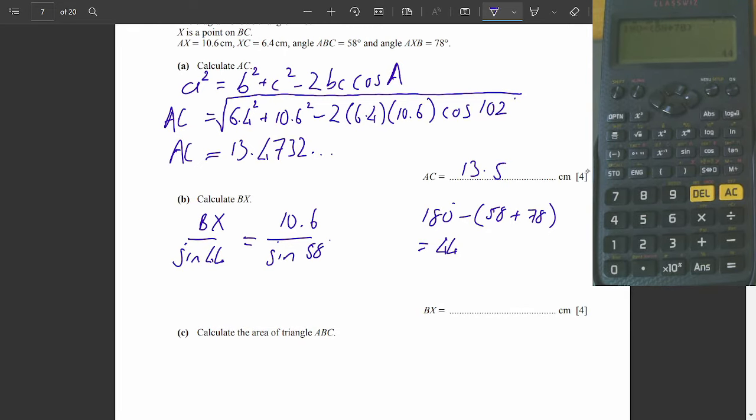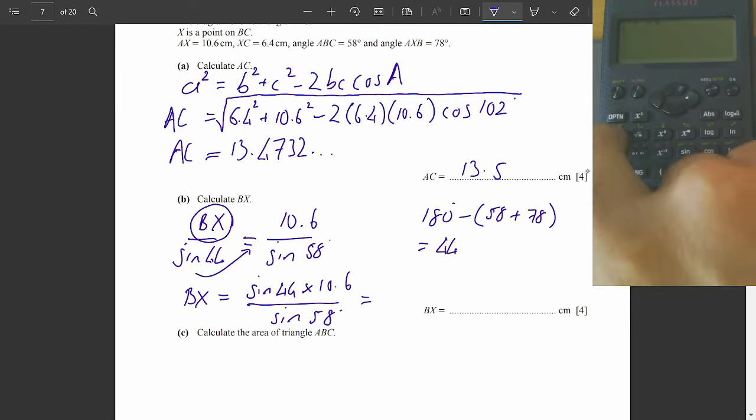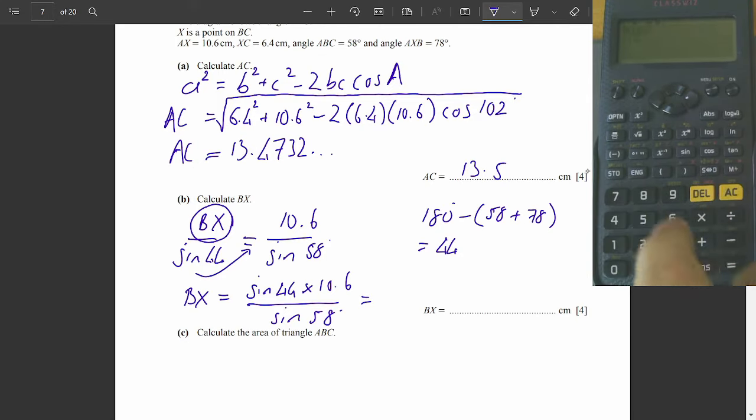The reason I'd like to have the unknown, the thing we want to work out, at the top left hand corner is because now the next calculation is a lot more straightforward. To work out BX, we simply multiply the sin 44 on the opposite side. So we look like this: sin 44 times 10.6 divided by sin 58. So straightforward and easy.